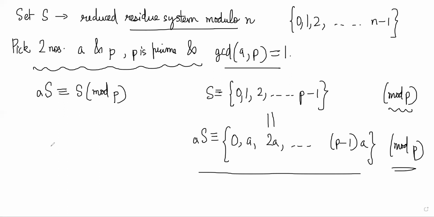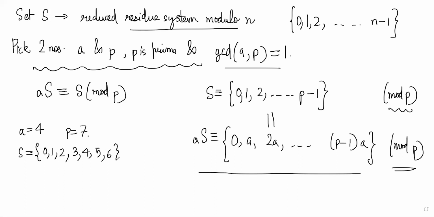Let's take an example and see if it is working out or not. Let's pick A and P such that they are co-prime. Let's say A is equal to 4 and P is equal to 7. So the set S for 7 is 0, 1, 2 till 6.